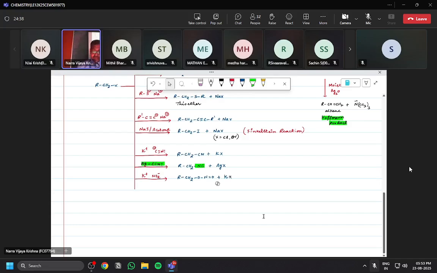Now, instead of this, if it is AgNO2, then what should be the product? The same thing happens in the case of AgCN also. In the case of AgNO2, what should be the product?